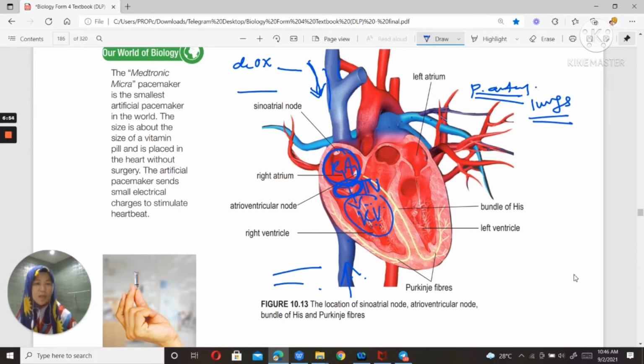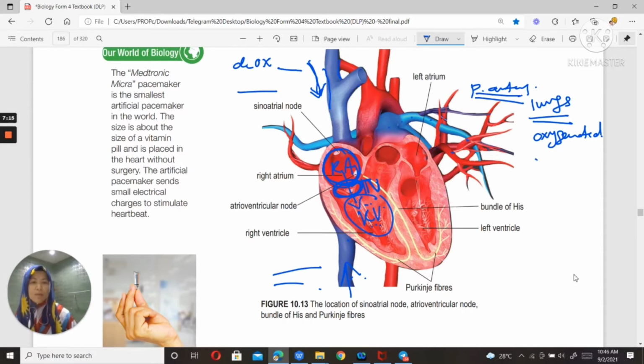After gases exchange occurs, what will happen? Oxygenated blood then returns to your heart through the pulmonary vein, from both the right and left side of your lung.